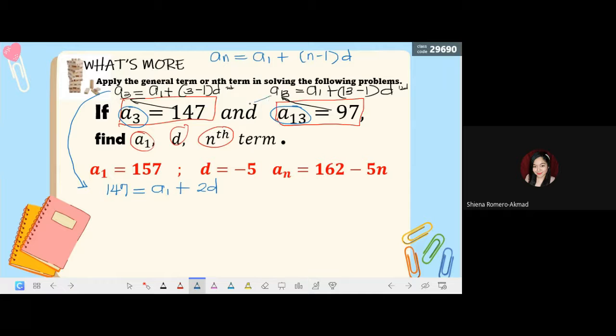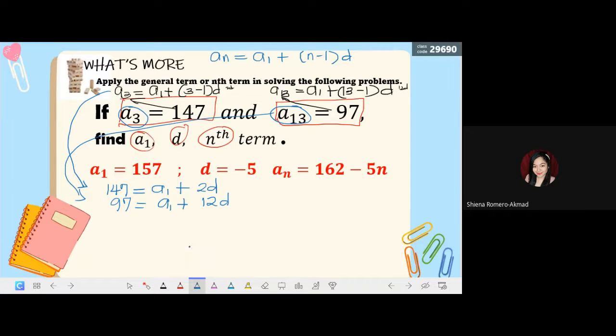Next, si a sub 13 naman, lagay natin dito sa baba, that's 97 equals a sub 1 plus 12d.